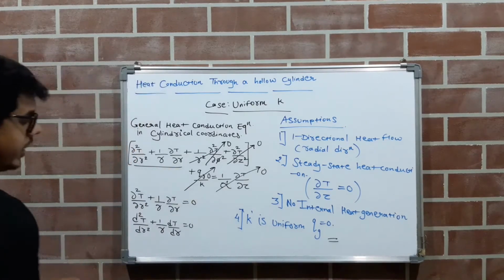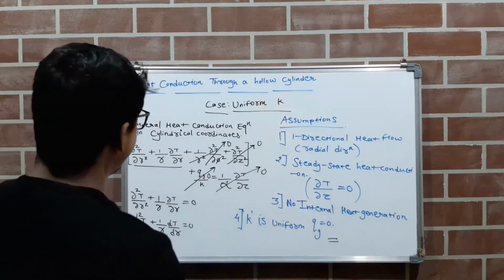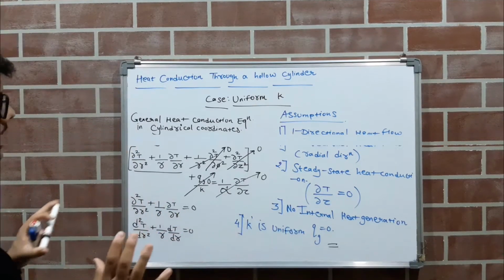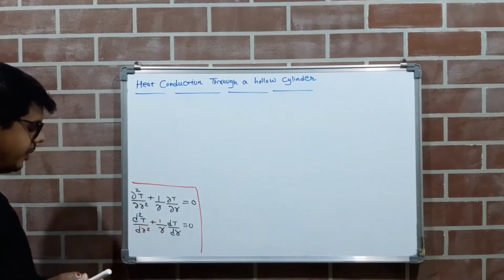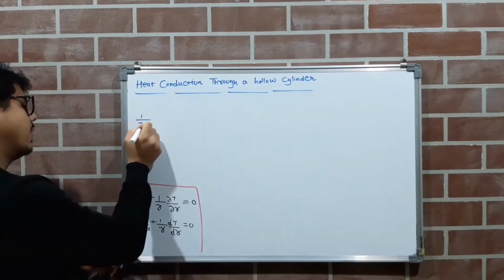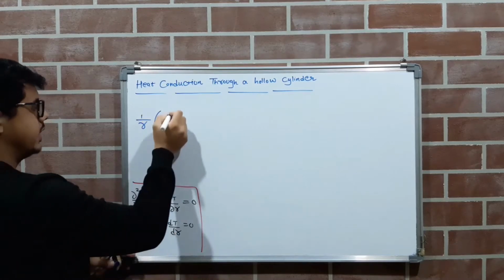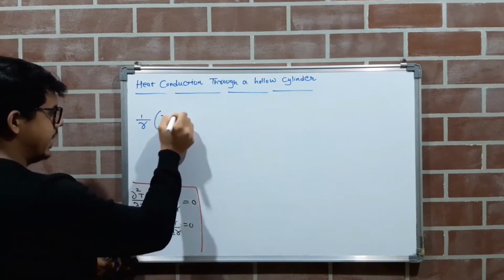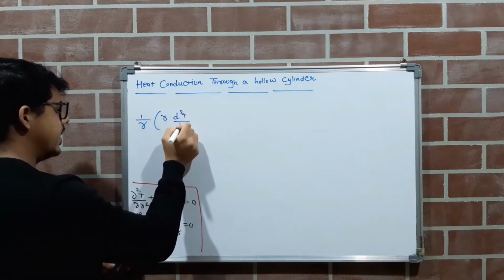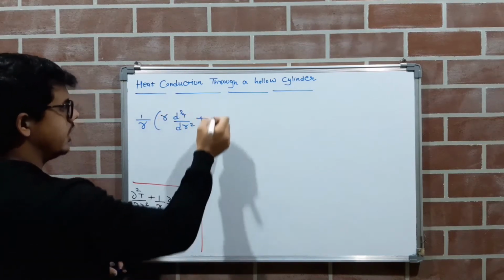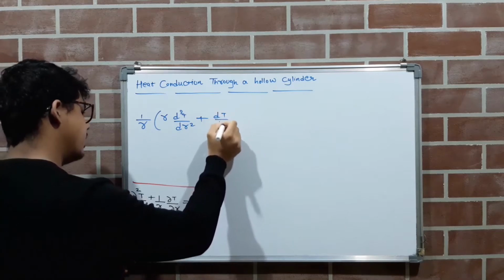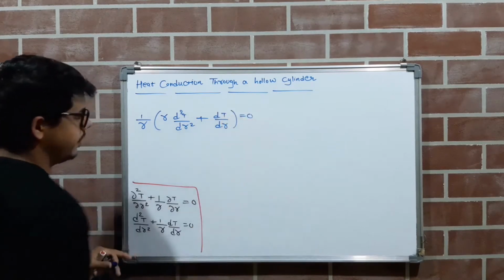So to do further steps, I have to rub these things. So I hope you got these things. So now from this equation, I can bring 1 upon r as common. So I will write 1 upon r outside of the bracket. In this bracket, I will write r into d square T by dr square plus dT by dr equals 0.